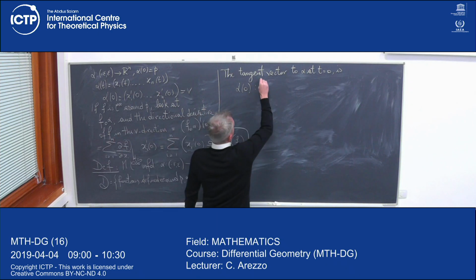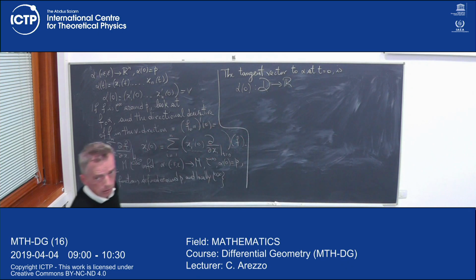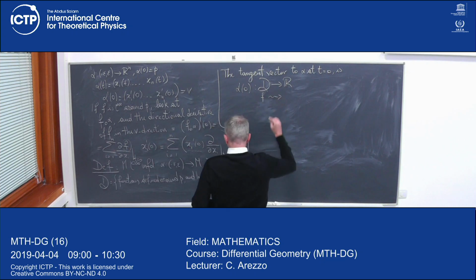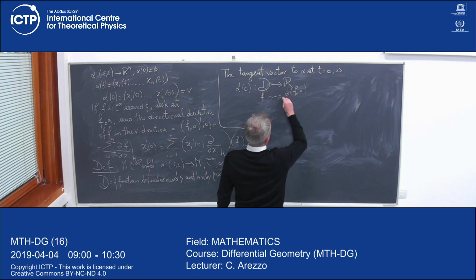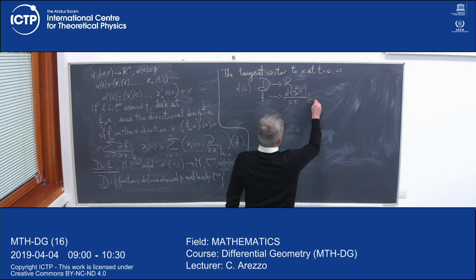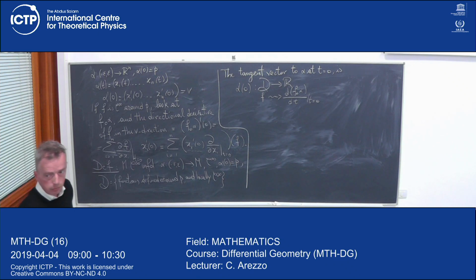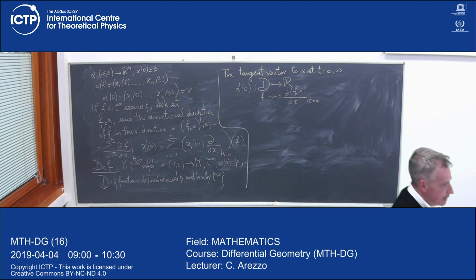It is a function from D to R, given by what? I take a function f and I give you the directional derivative in that direction. Okay? Actually, everything is tautological when you say it in words because I'm defining the direction.